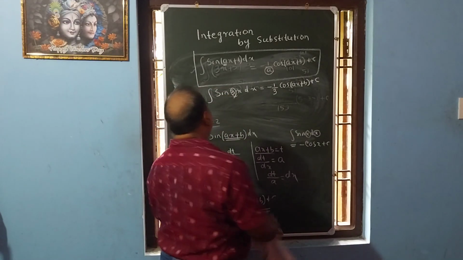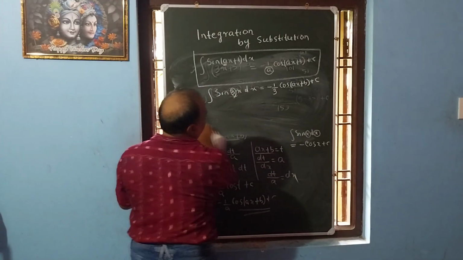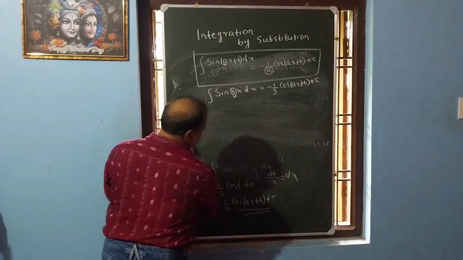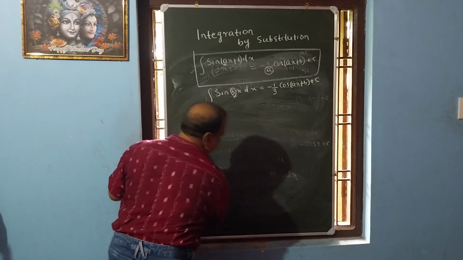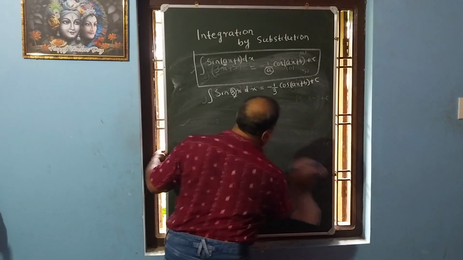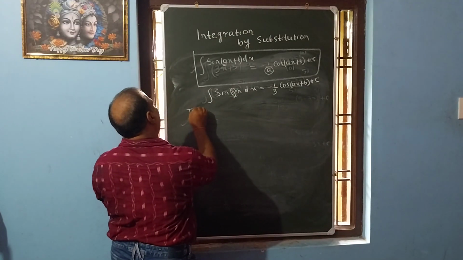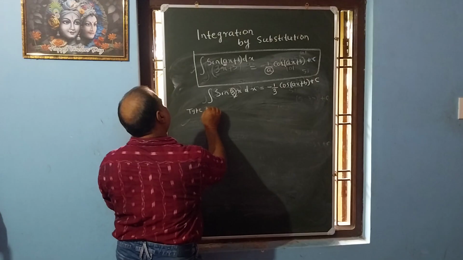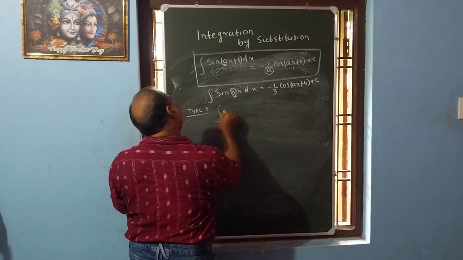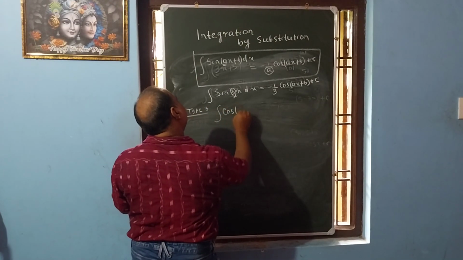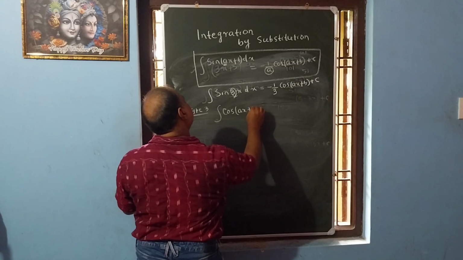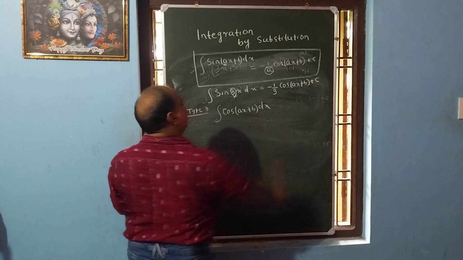Next, type number 3. Integration of cos(ax + b) dx.